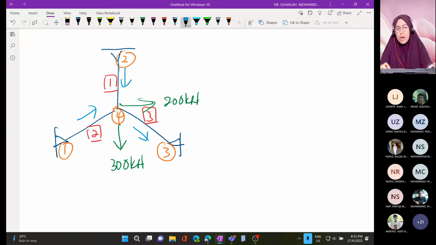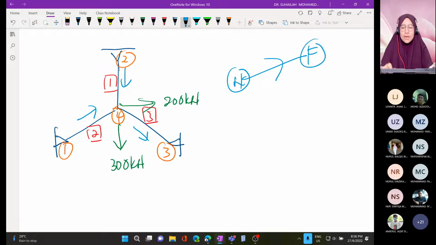Okay, the purpose of putting the arrow is to identify near and far end, because the arrow is always moving towards far end. Okay, there is an arrow there. And then we have to put the coordinate.